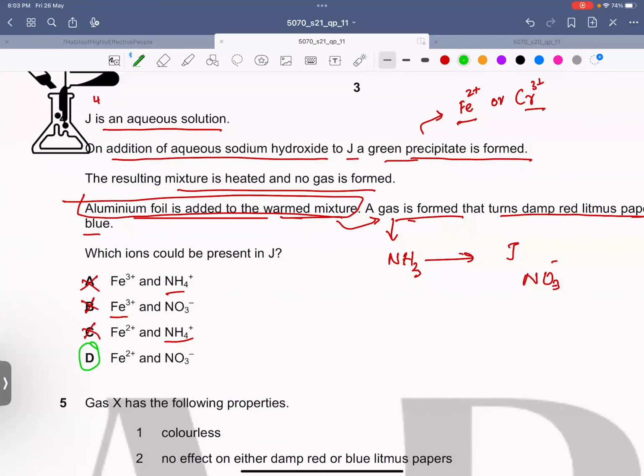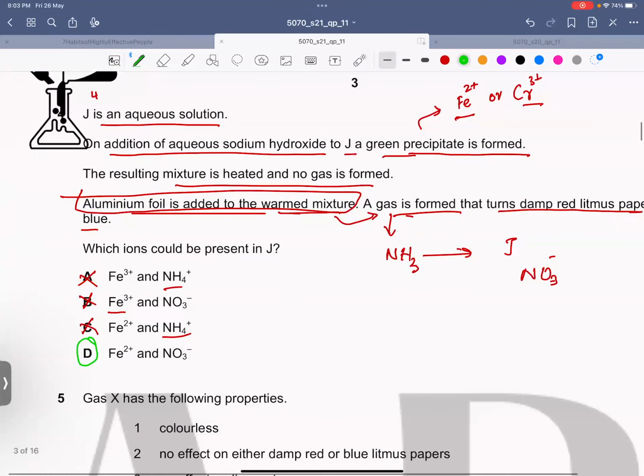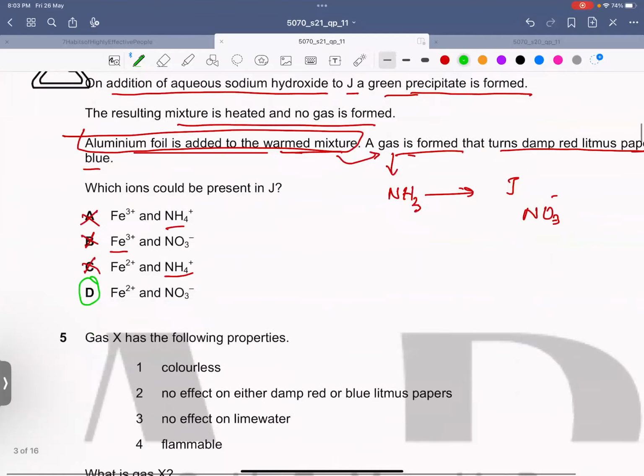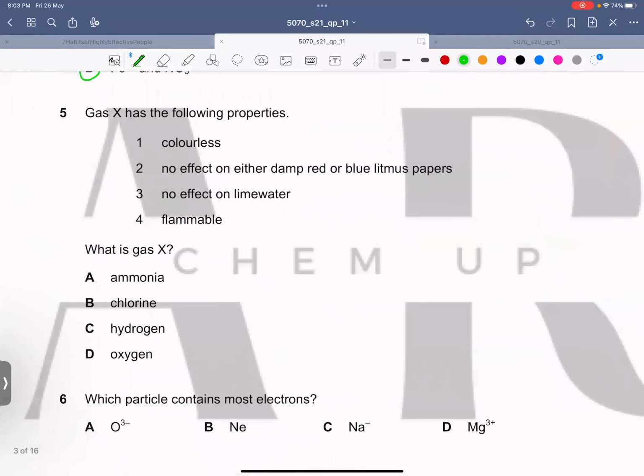Clear, sir. Okay. Question number 5. Gas X has the following properties. What are those? It's colorless, with no effect on either damp red or blue litmus paper, which makes it neutral.